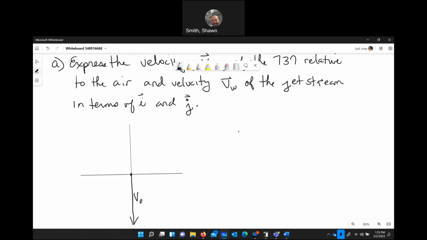So this is V sub A. The other vector, the jet stream, is traveling in a northeasterly direction. So northeast is like that, right? And that's 80, right? So this is 500 in magnitude. This is 80.